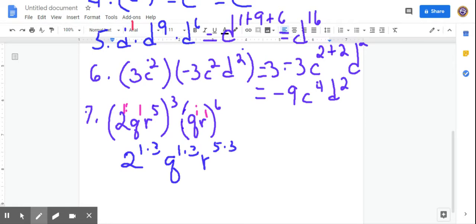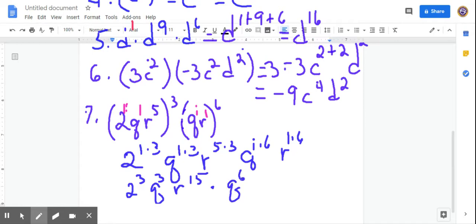Now go to the next parentheses, and you do the same exact thing. Q to the 1 times 6. R to the 1 times 6. Now simplify. So you have 2 cubed, q cubed, r to the 5 times 3 is 15, times q to the 1 times 6 is 6, and r to the 1 times 6 is 6 again.